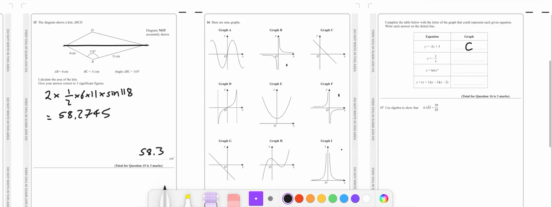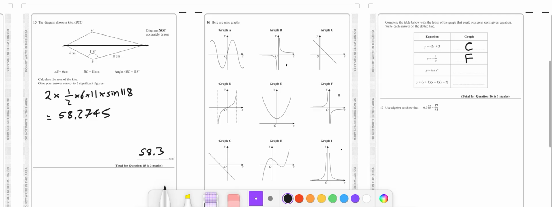So you get y is minus 1 over 10, so that's minus 0.1. So when x is 10, y is a small thing, minus a small thing. So the only graph that could be is graph F, because all the others are positive.